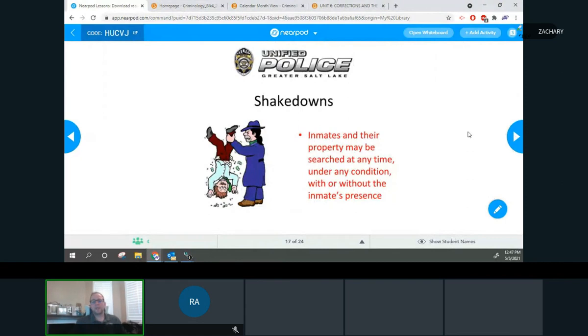There's something called shakedowns. Inmates and their property may be searched at any time and under any condition, with or without the inmate's presence. So there are a lot of things that people try to keep out of prisons, but where there's a will, there's a way, right? Visitors will try to sneak things in.